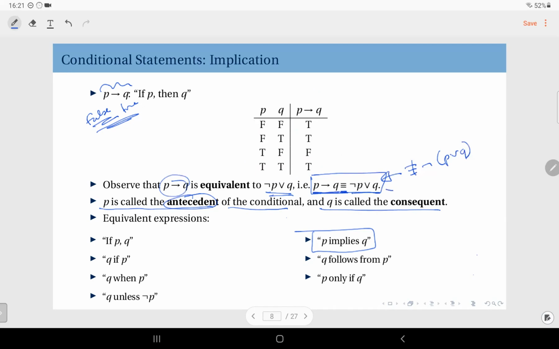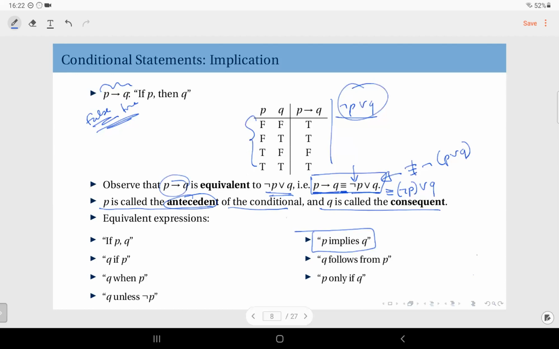This is equivalent to (not P) or Q. Be careful about this, but since the unary operator takes precedence over or, we don't need the parentheses here. And why is this true? You can see this as building a new column to your truth table, and you can just compute the value of this using these input combinations, and you will see that these two have the same outcomes.